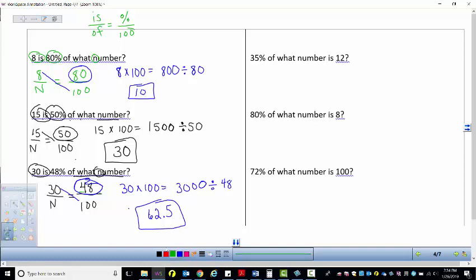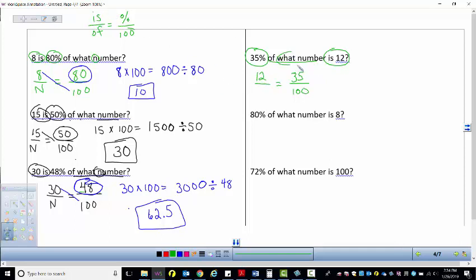Okay, so on the other side, I wrote them a little bit different to practice different types of sentences. So this one says 35% of what number is 12? So 35 is the percent. What goes on the bottom of the percent? 100. Is 12, is goes on the top.